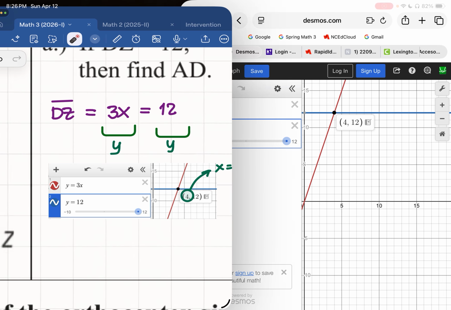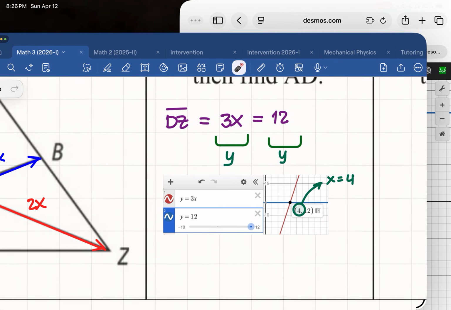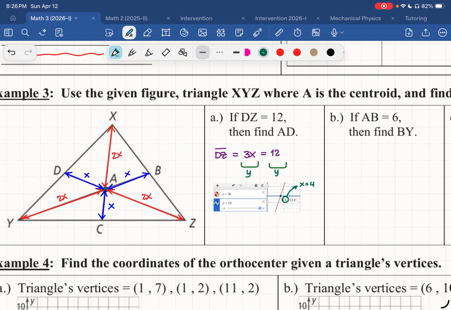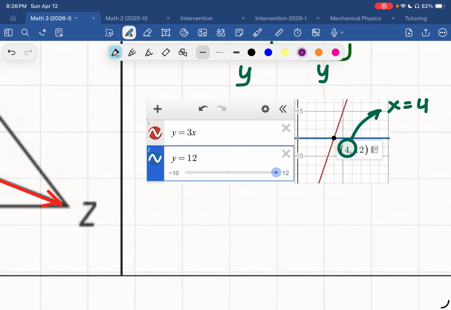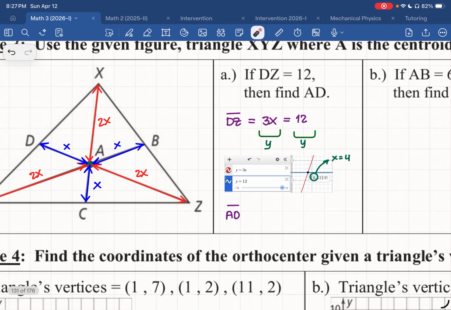So now that you know that x is 4 from this formula, the question now is, who is AD? So AD, I'm gonna put it here. AD segment is equal to what? Or, well, AD or DA is the same thing.